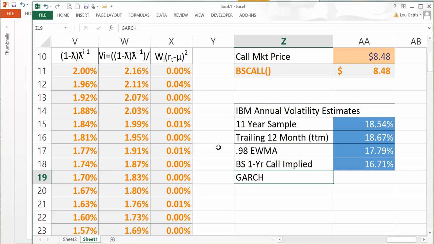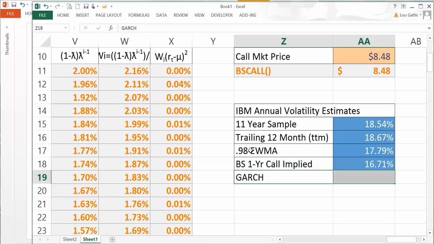GARCH is similar to EWMA in that it accounts for the autocorrelation of volatility, but it also accounts for another empirical finding, that there seems to be long-term mean reversion of volatility. GARCH stands for Generalized Autoregressive Conditional Heteroscedasticity, that's why we say GARCH.